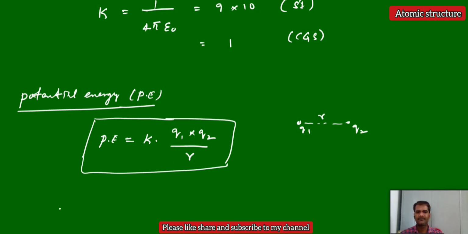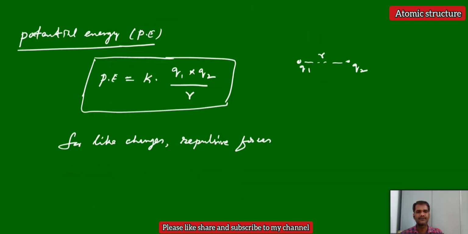And we know that in case of like charges, repulsive forces will dominate. What happens if there are repulsive forces?